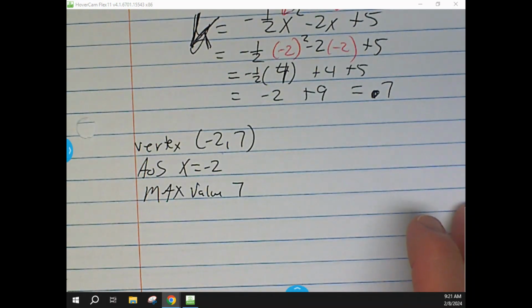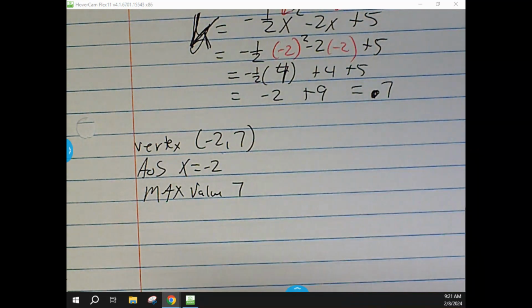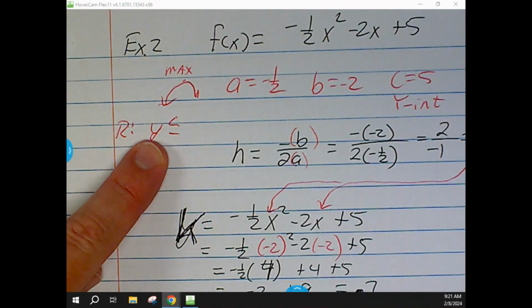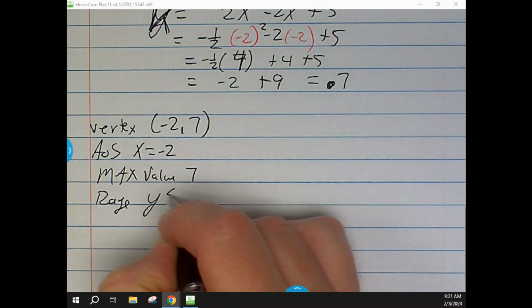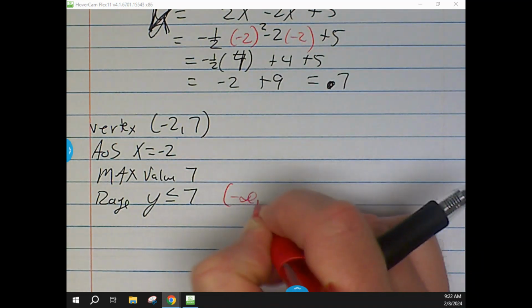Again, domain is infinity to infinity, so I'm not even going to worry about that one, test-wise. The range in this case, if we sneak back up here, was y less than or equal to our max or min value, 7. And if you don't want to use the inequality, I'm okay with you putting -infinity to 7.